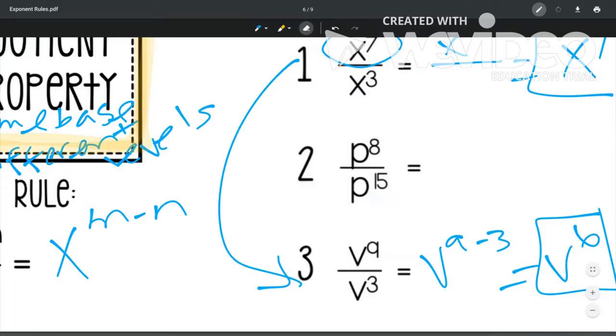they're also going to make you apply the rule, and they are going to give you another option. So it's going to be p to the 8 minus 15, p to the negative 7. You're doing the top minus the bottom.